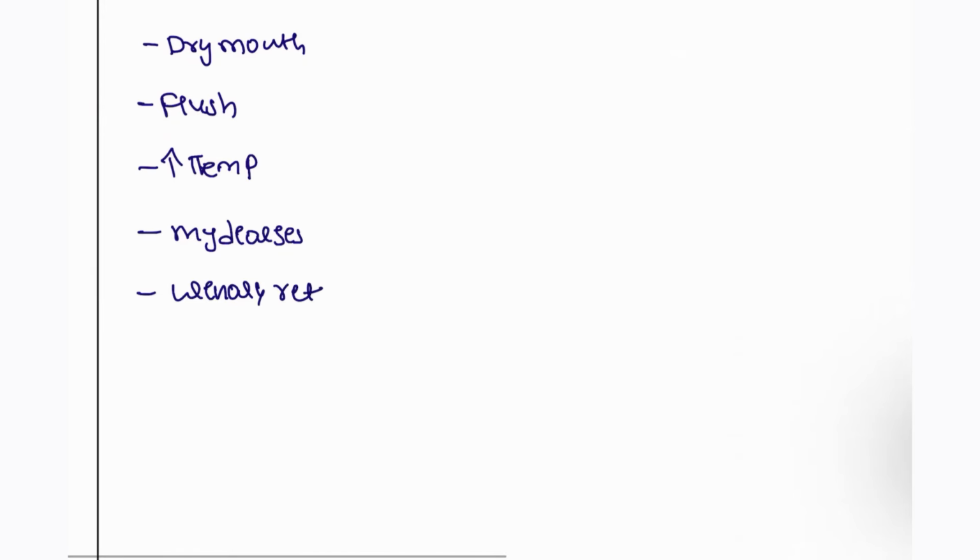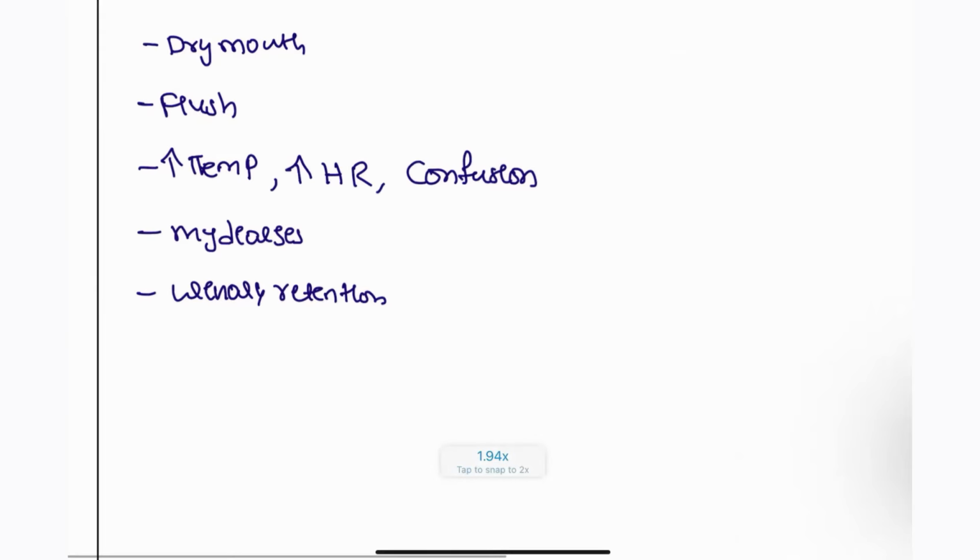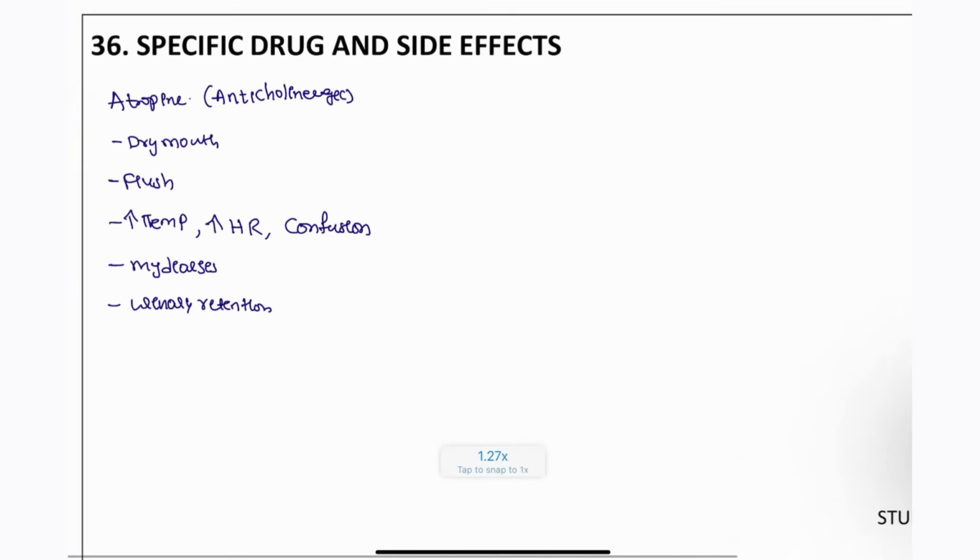Along with the temperature, it can increase the heart rate also. It can cause confusion and delirium. This is commonly seen in patients with atropine poisoning.